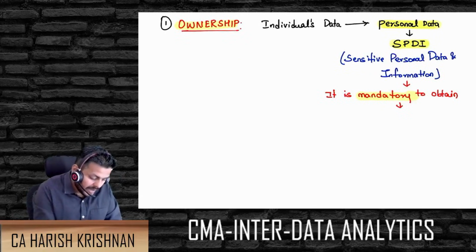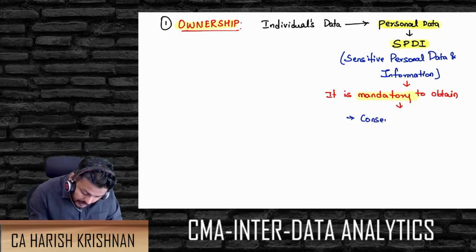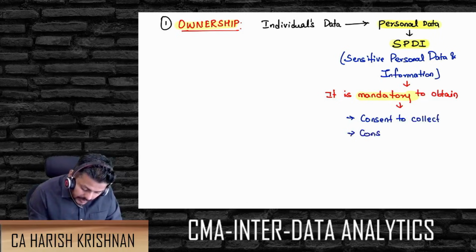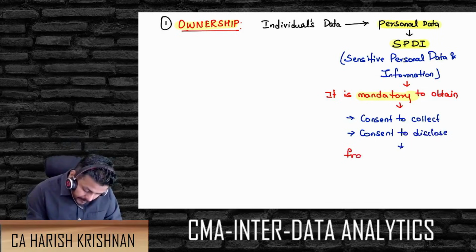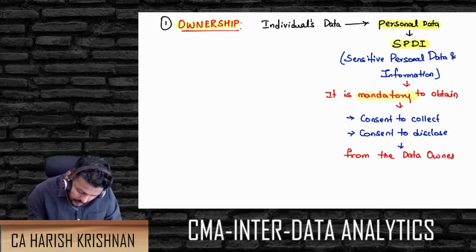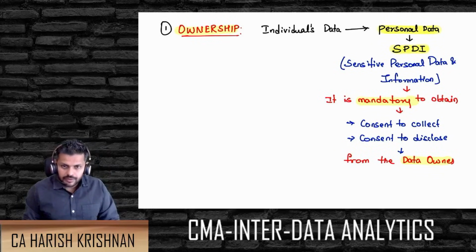It is mandatory to obtain consent to collect and consent to disclose from the data owner. Okay, so this is about ownership. This is the first and foremost criterion for the ethical use of data.